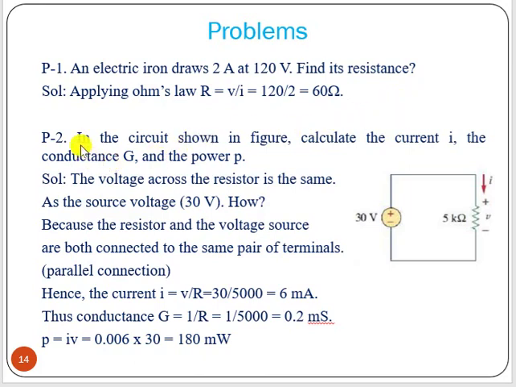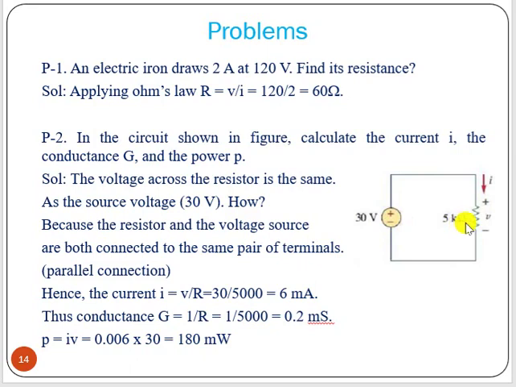Now problem 2. In the circuit shown, we have to find out current I. In this circuit what we can see, this is one circuit element, second circuit element. How they are connected? We can say they are connected in series because there is no other path, or we can say these two branches are in parallel, right?